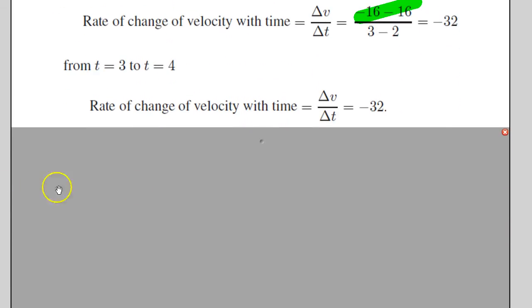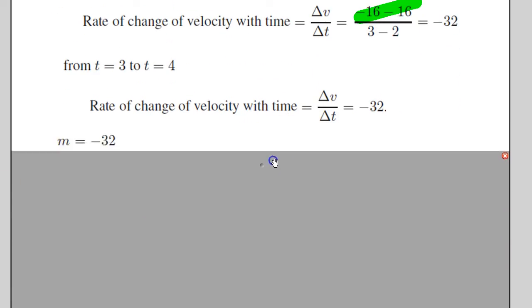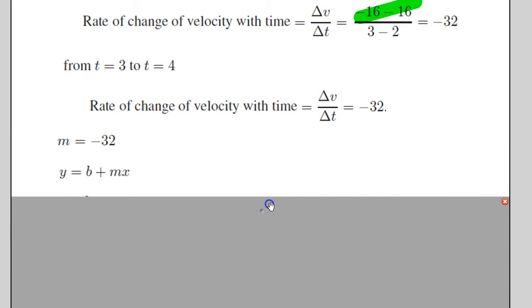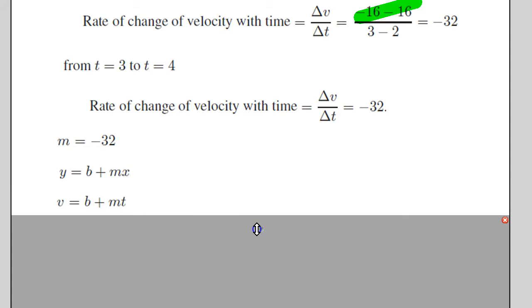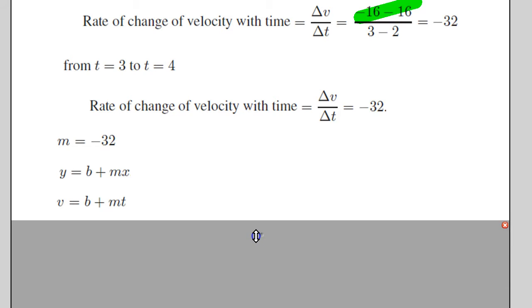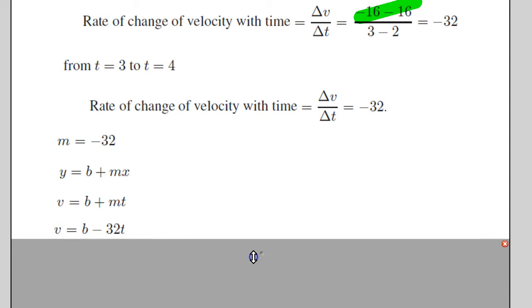In order to come up with an equation to represent the linear relationship, we must use y is equal to b plus mx, or y is equal to mx plus b. We know that m is the same as the rate of change, which is negative 32, which is constant, as we saw in the other ones. So we just plug this in, but we're no longer using y and x, we're using v and t. That's very important. You make sure that your variables represent the situation.